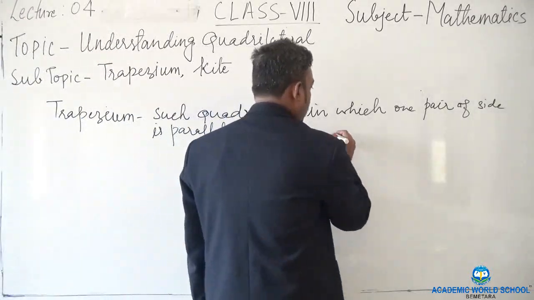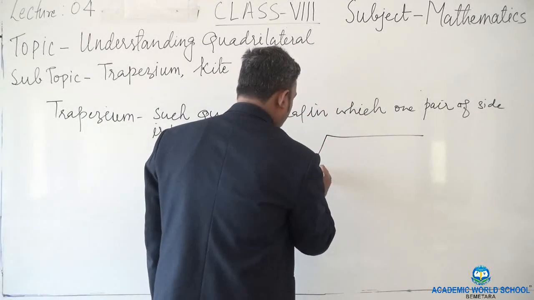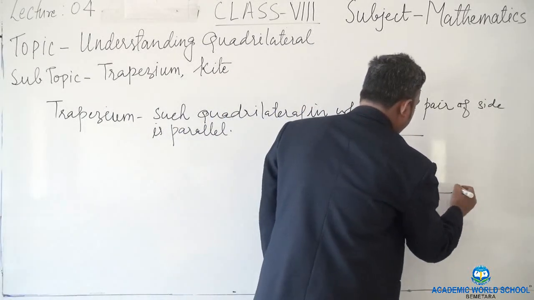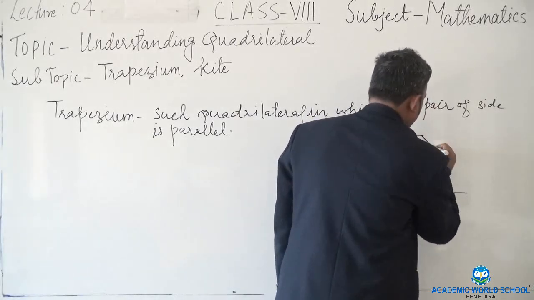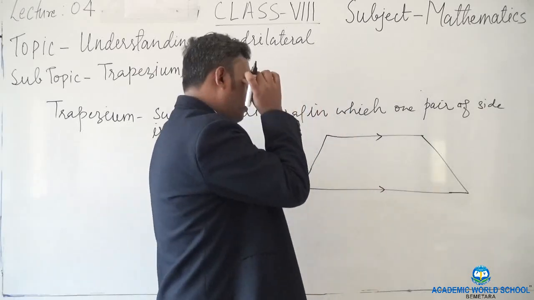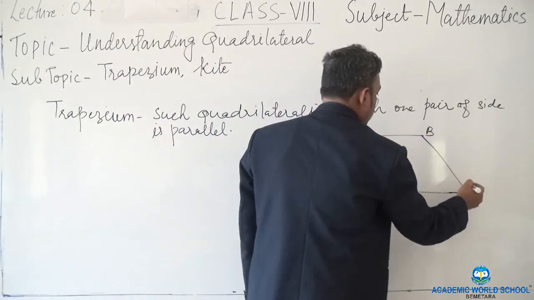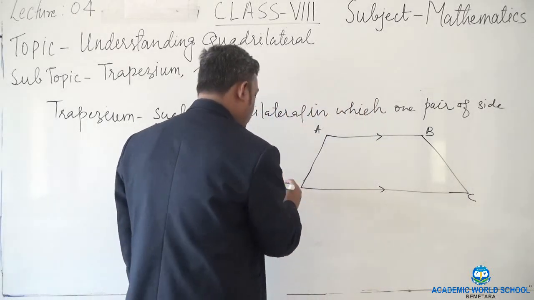The other pair of sides will be non-parallel, like this. Such a quadrilateral is called a trapezium.